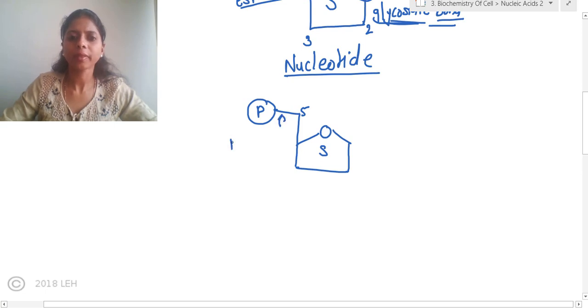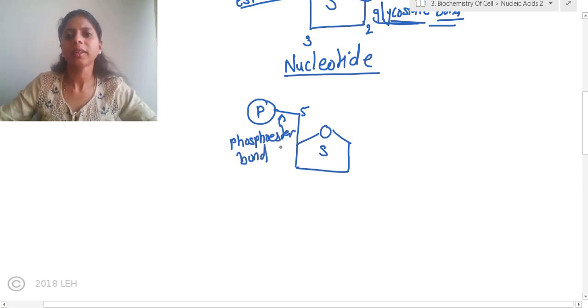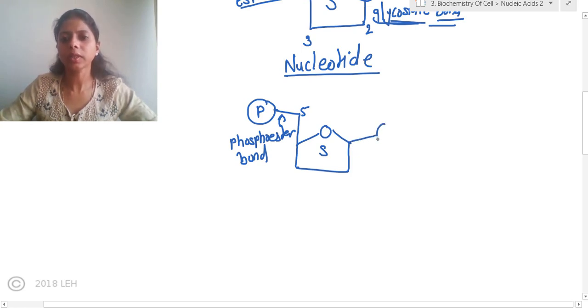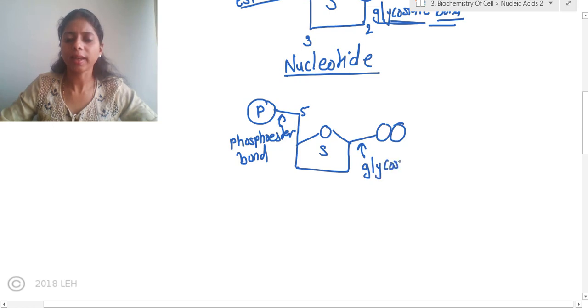Tell me the name of the bond. Phosphoester bond, correct? Got it? Then this pentose sugar connects to the nitrogenous base by this bond. What is this bond called? Glycosidic bond. Got it clear?